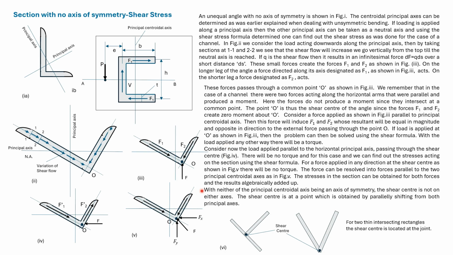These shear stresses can be algebraically added up to give the shear stress in the section. Here we have found out the shear center for an unequal angle. For any section which has two thin intersecting rectangles, the shear center is located at the joint.